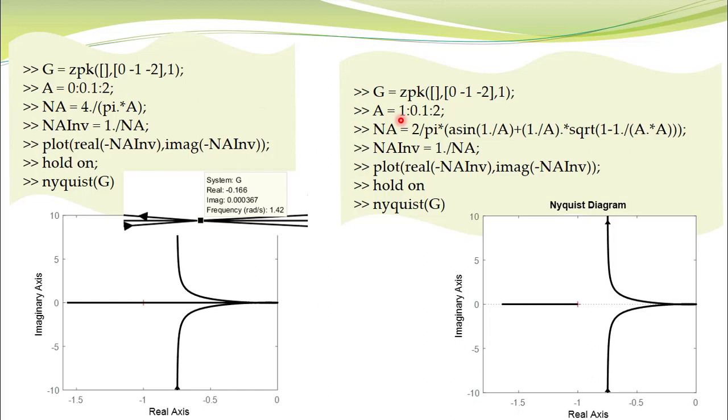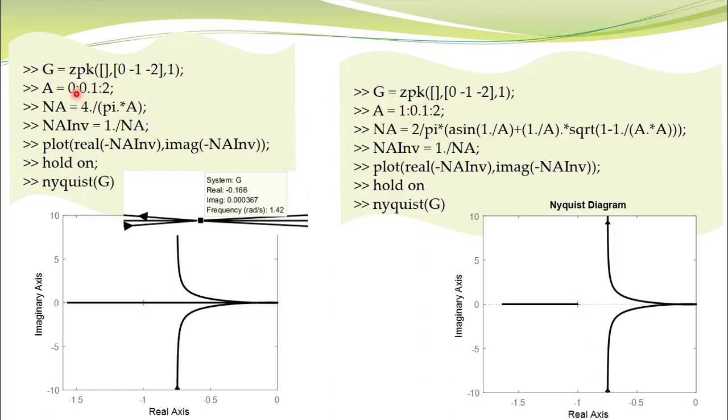Why this value? This saturation nonlinearity becomes effective when this capital A, in that nonlinearity small a is taken to be equal to 1. So when the magnitude of the sine wave exceeds 1, only then this nonlinearity becomes effective.